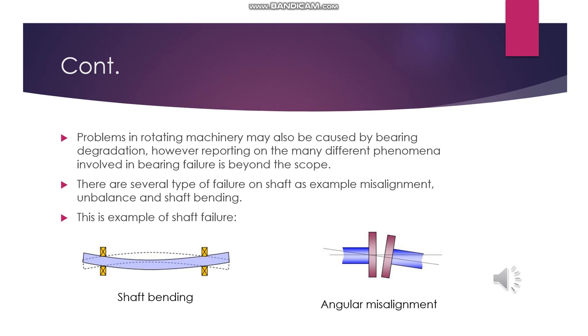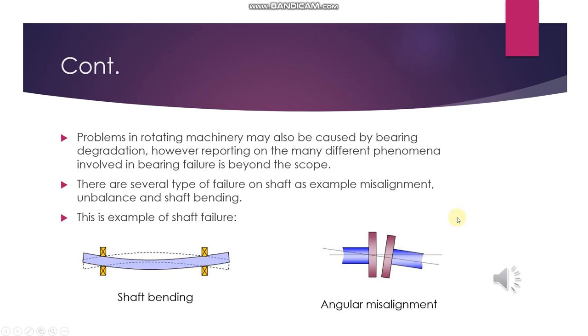Unbalance is the condition when the geometric center line of the rotation axis doesn't coincide with the mass center line. And the last one, shaft bending, is caused either by an axial asymmetry of the shaft or by external forces on the shaft producing the deformation.